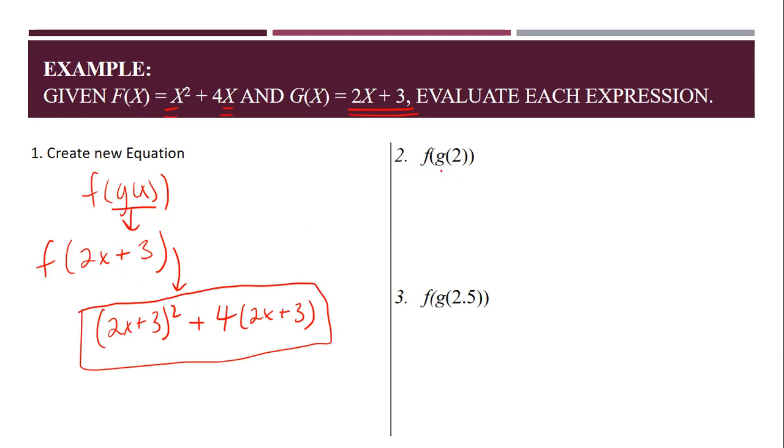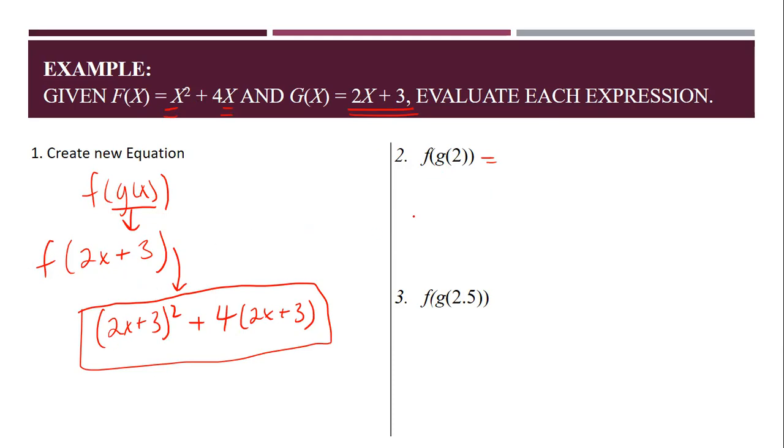So if I'm looking for f composed of g of 2, all I'm doing now is plugging in a 2 as the x. Instead of solving, I'm only now plugging in that value.